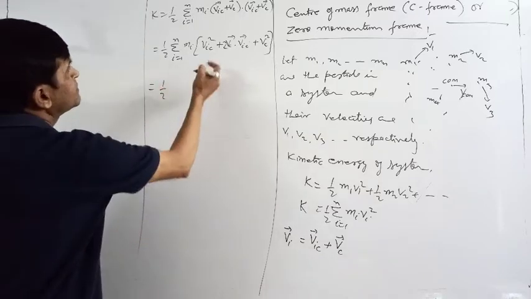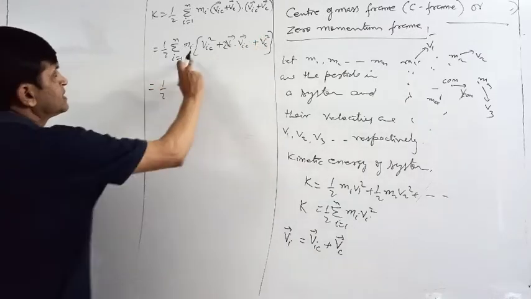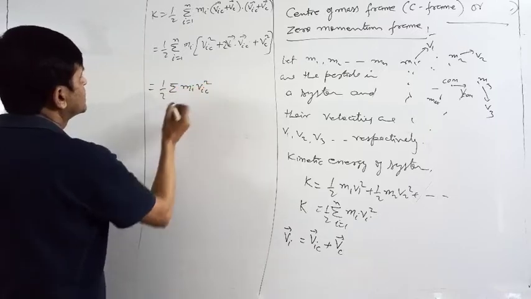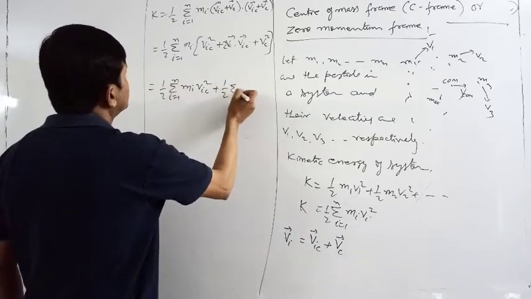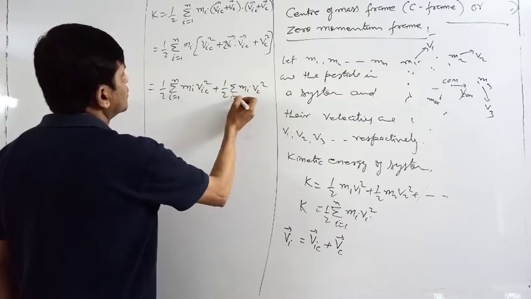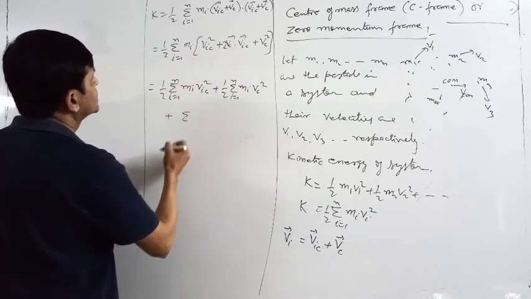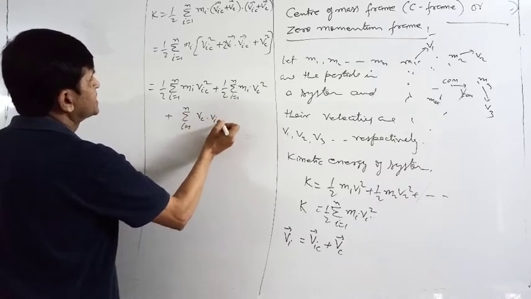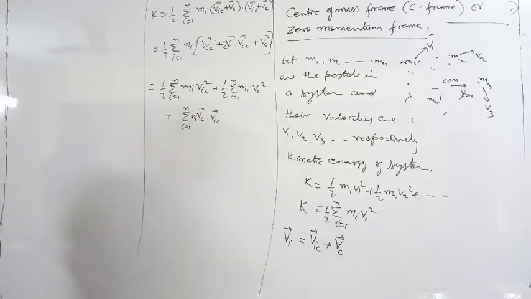I am writing this separately: half sigma mi vic square, plus half sigma mi vc square, plus, as the half and 2 cancel, sigma vc dot vic into mi.